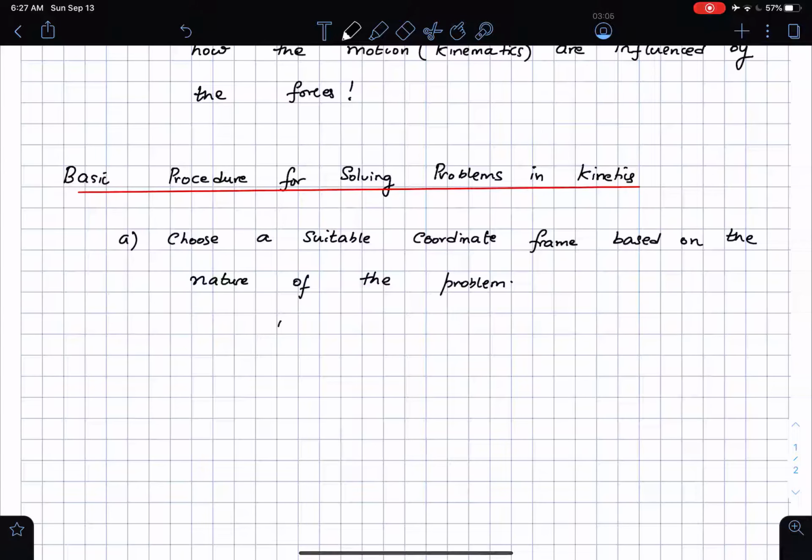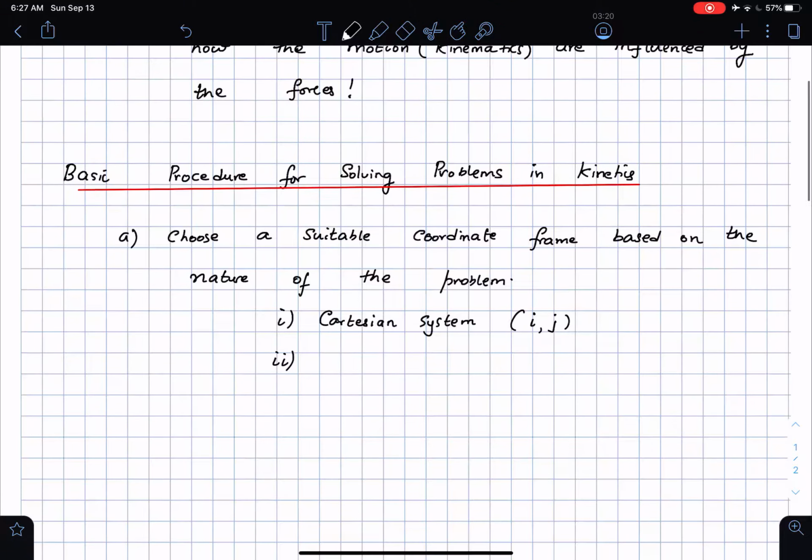You have the Cartesian system, where your unit vectors are i and j. Then you typically have your normal-tangential system, where your unit vectors are e_t and e_n.